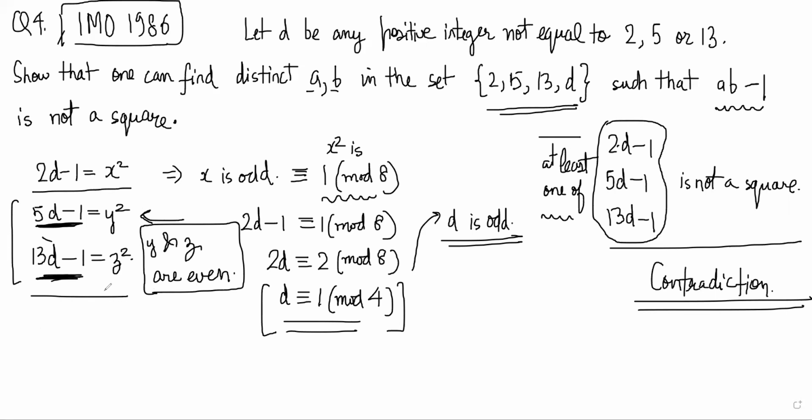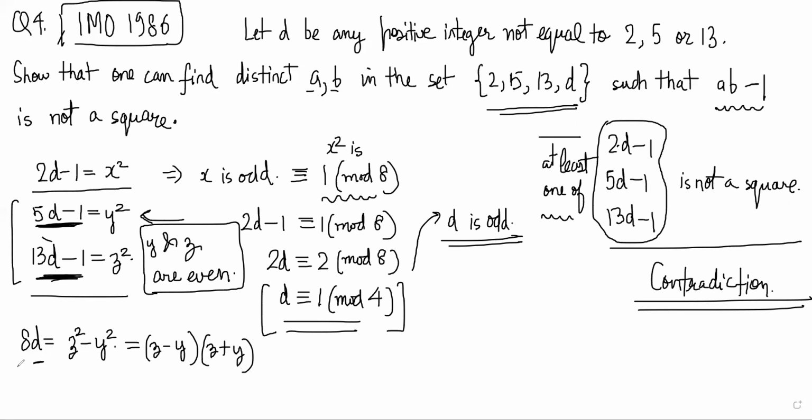You should subtract now, what you thought. So Z square minus Y square is 8D. That means Z minus Y times Z plus Y is equal to 8D.